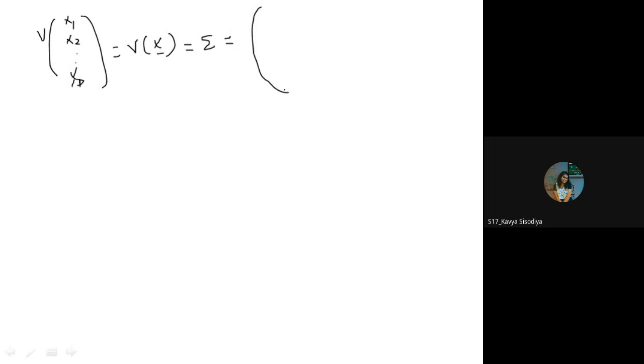If you wish to find the variance of x1, x2 up to xp, that is the variance of x, it gives the sigma variance covariance matrix, which is sigma 11, sigma 12, up to sigma 1p, sigma 21, sigma 22, sigma 2p, and up to sigma p1, sigma p2 and sigma pp.